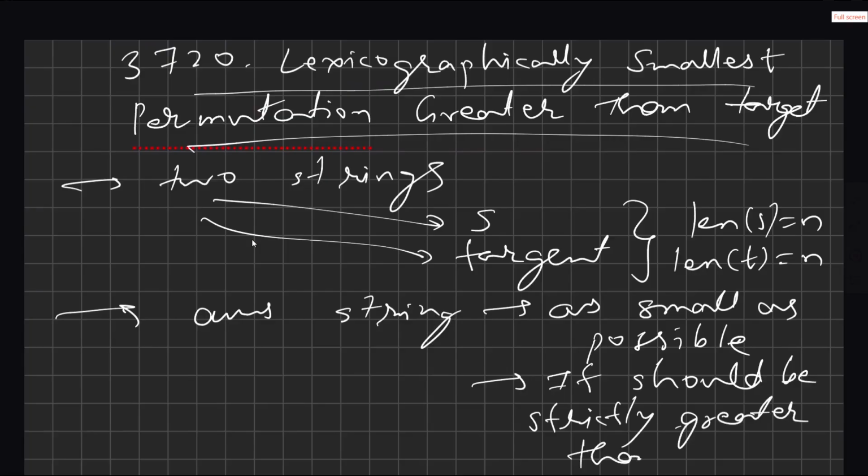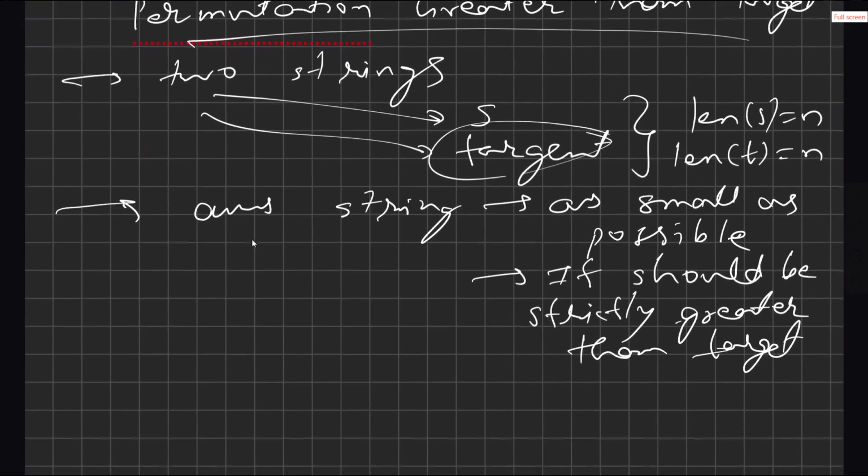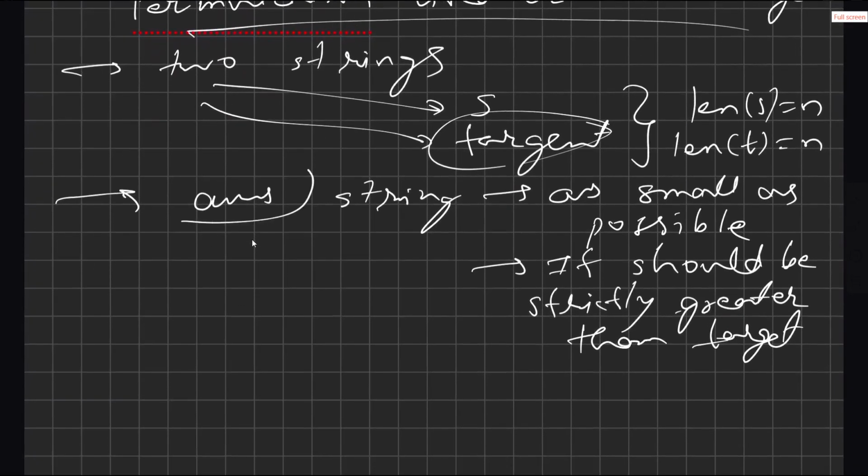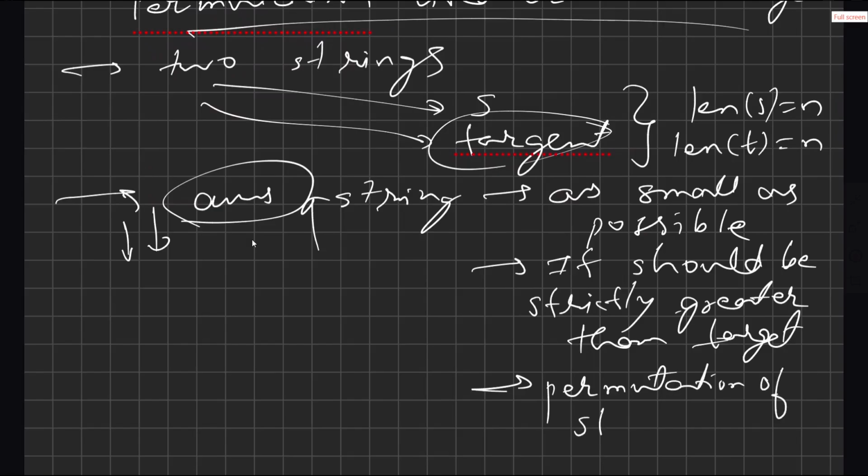Target is this string that is given. The answer string you're creating should be as small as possible, strictly greater than target, and it should be a permutation of string S.